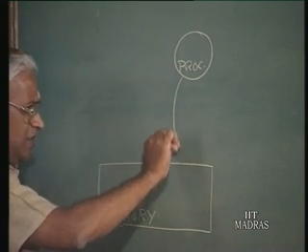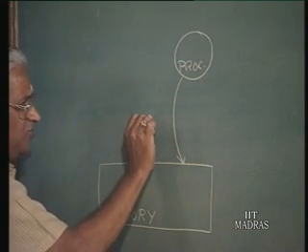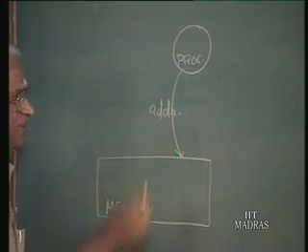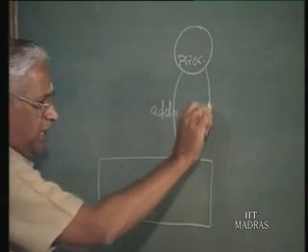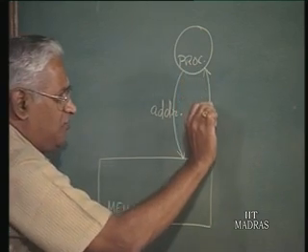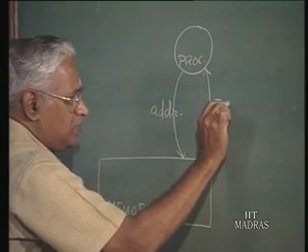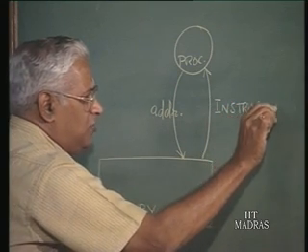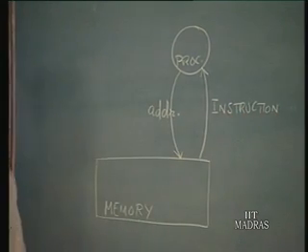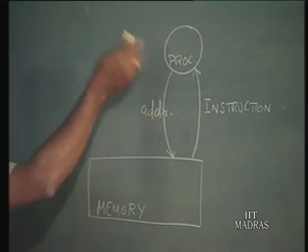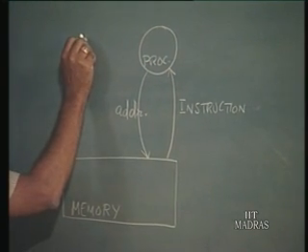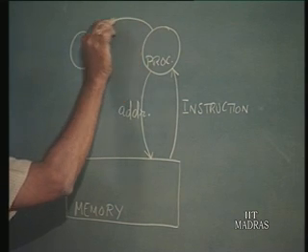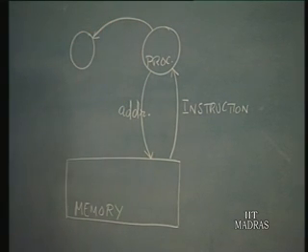We said that it does so by addressing, that it sends a code, essentially the address of the instruction, and the instruction it gets from the memory. Later on, after it gets that particular instruction code, it decodes that, and internally it generates certain codes, which may result possibly in fetching some data.